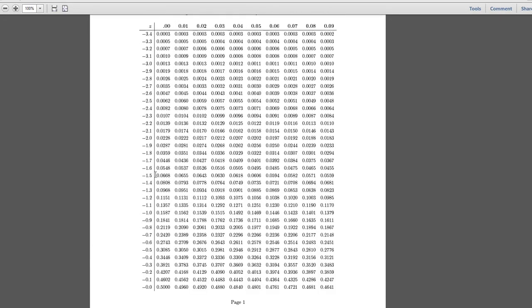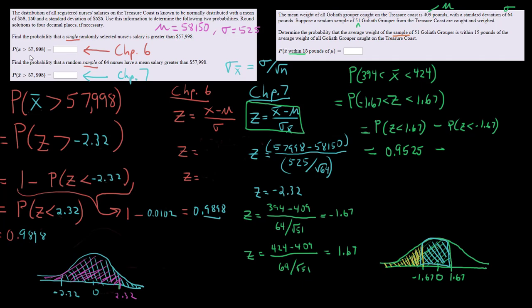So negative 1.6, that row, and the 7 column looks like 0.0475. So subtract off 0.0475. When we do that, 0.9525 minus 0.0475, we get 0.905.